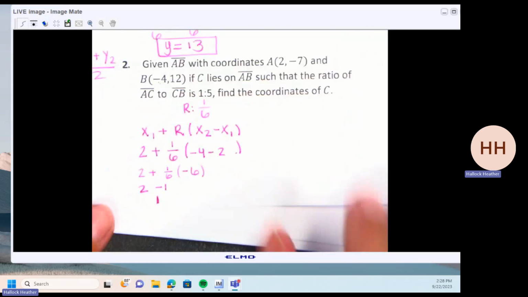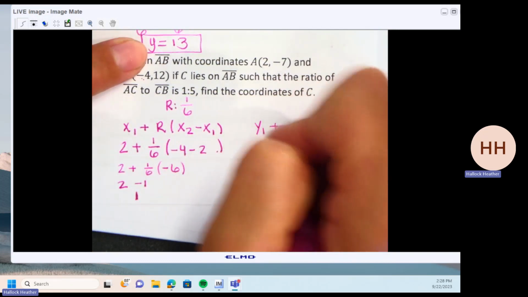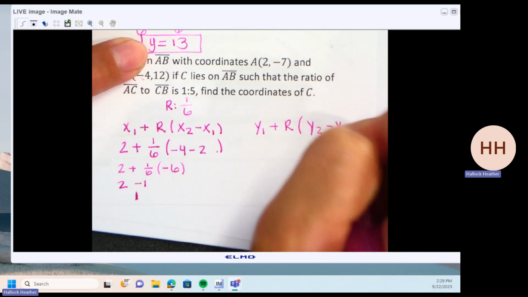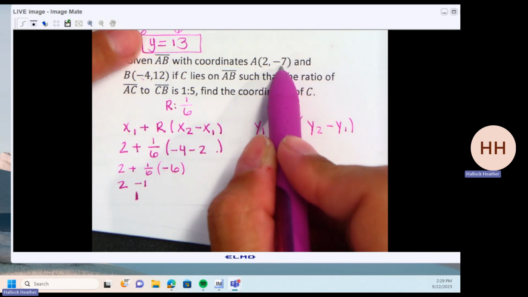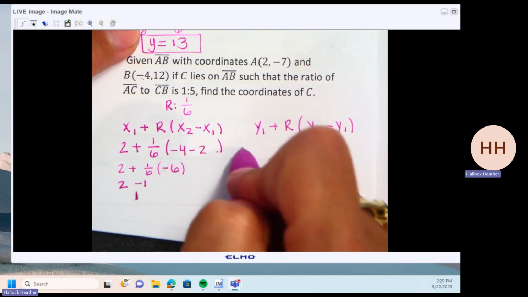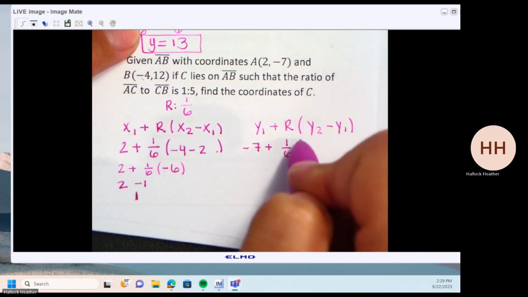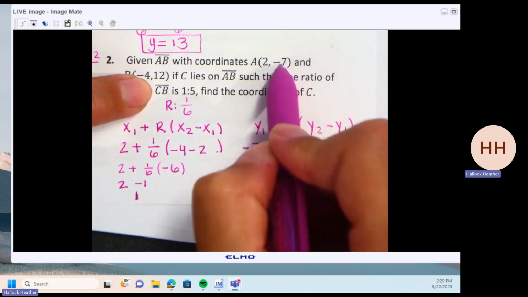I'm going to do the same thing for y. The y formula is the first y added to the ratio multiplied by y2 minus y1. So y1 is -7. That's where I'm starting. I'm adding my ratio, which is 1/6, and I'm multiplying by 12 minus -7.